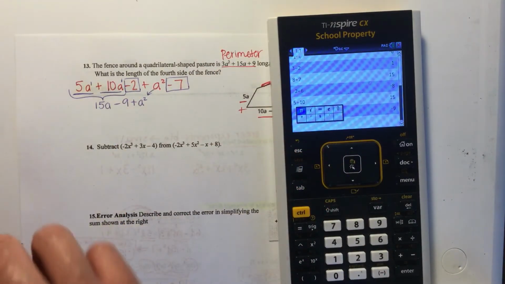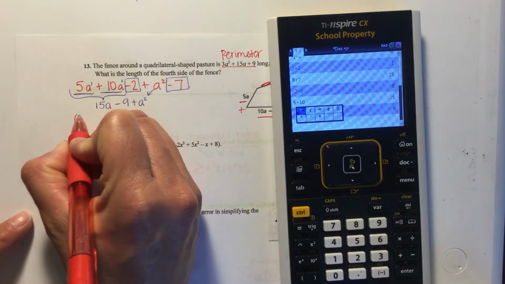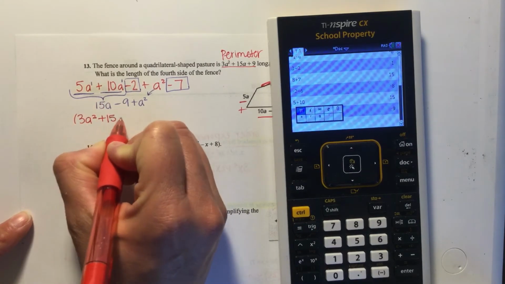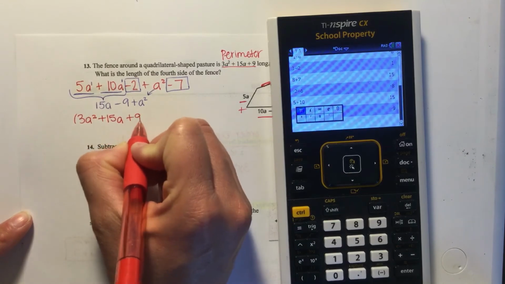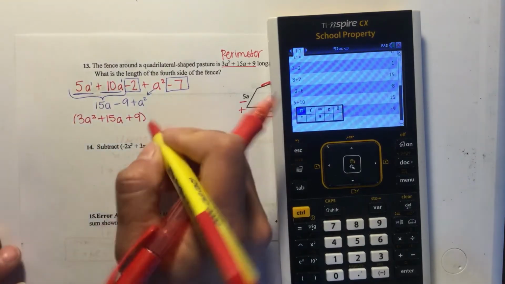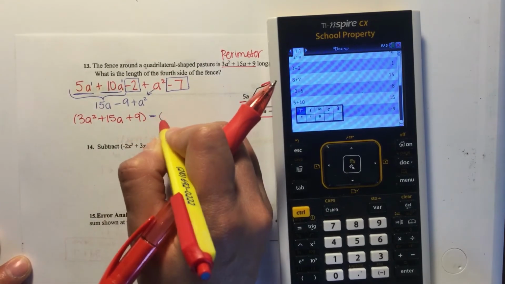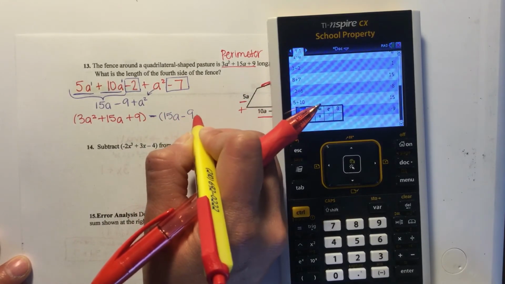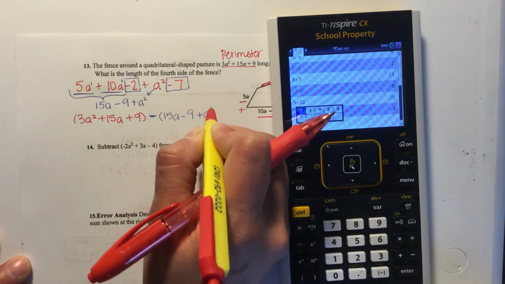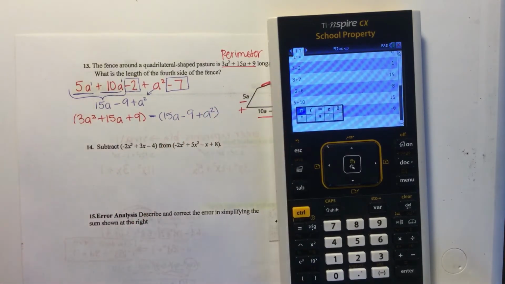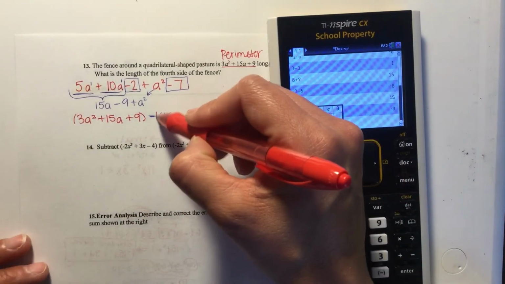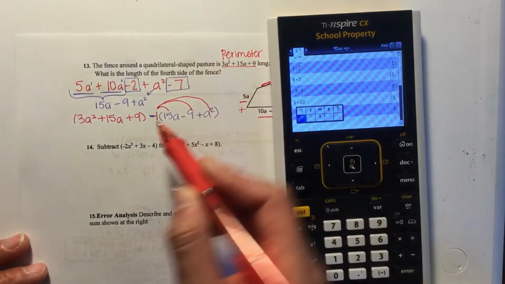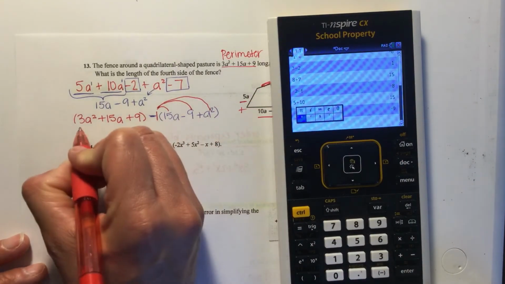So I'm going to take 3a squared plus 15a plus 9, and I'm going to subtract 15a minus 9 plus a squared. When I subtract it, it's going to change my sign. Have a negative 1, and I'm going to distribute to each term inside the parentheses. When I distribute, it's going to change the signs.